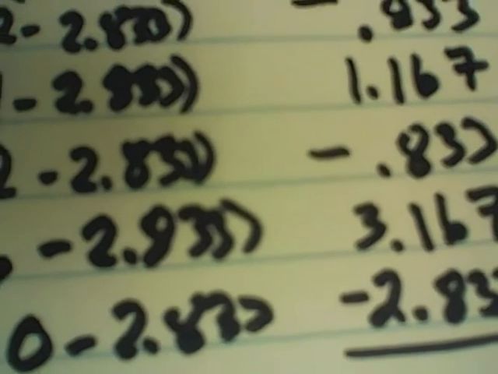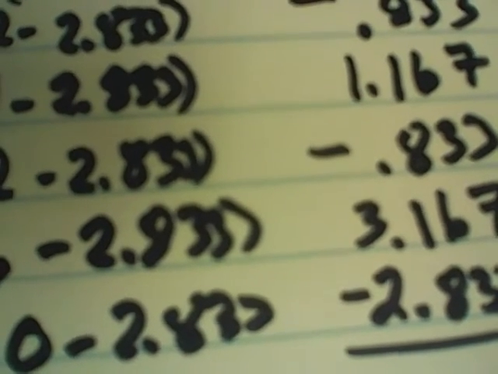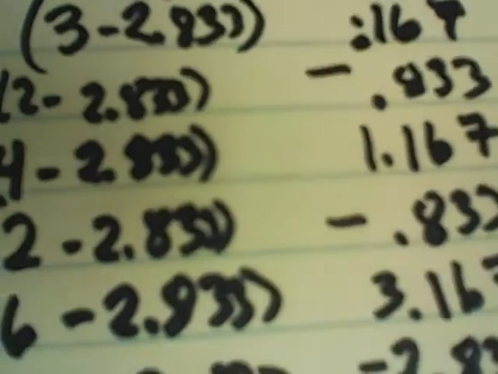The next number is negative, so I'm going to subtract 0.833. Next number is positive, so I'm going to add 3.167. And the next number is negative, so I'm going to subtract 2.833. As you can see, we came up to near 0 there because of rounding. It's 2 thousandths, but we'll consider that 0.